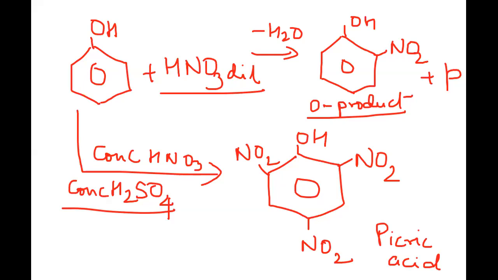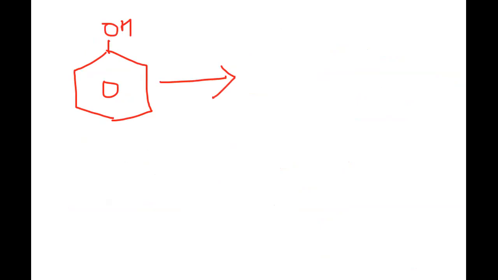The next is the sulfonation reaction, and in the sulfonation reaction, again, it is the sulfonic group which will be introduced. If you can understand, this is the OH. In the case of the sulfonation reaction, if I treat this with concentrated H2SO4, because SO3H group has to be added, at 293 Kelvin, then it is going to form this compound.